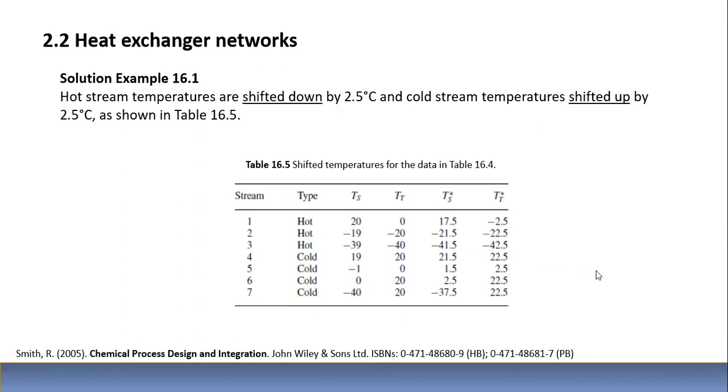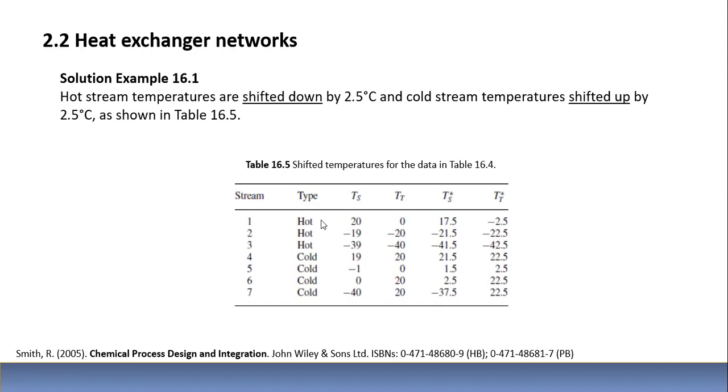Remember, for the hot stream, it's delta T minimum divided by 2. Now in this problem, delta T minimum was 5 degrees Celsius. So delta T minimum divided by 2 is going to be 2.5 degrees Celsius, subtracted from the supply and target temperatures of the hot streams and added to the supply and target temperatures of the cold streams.